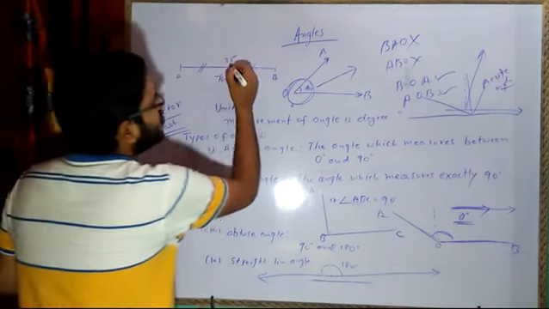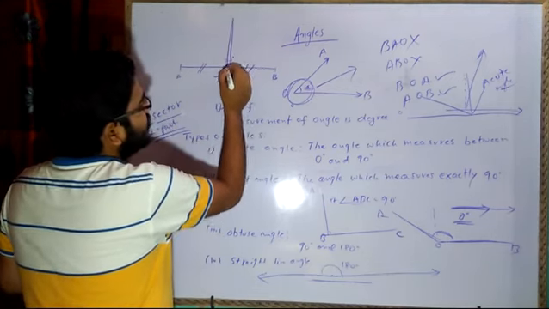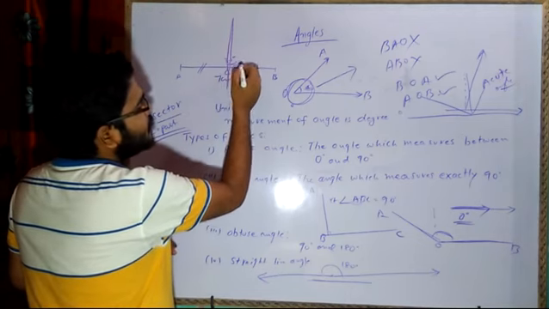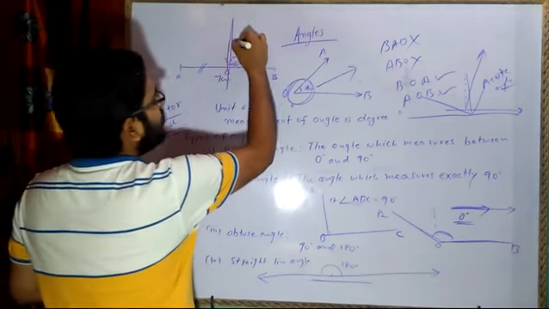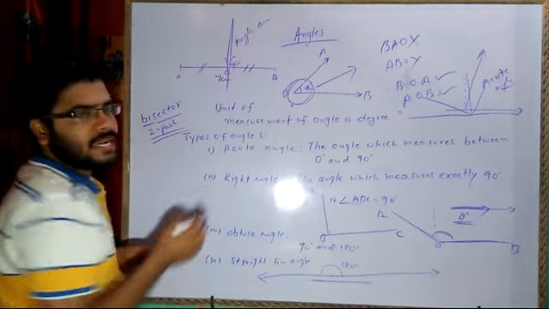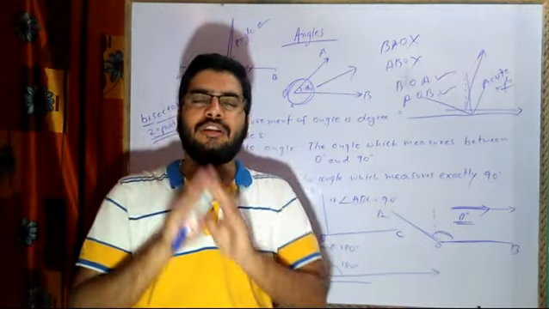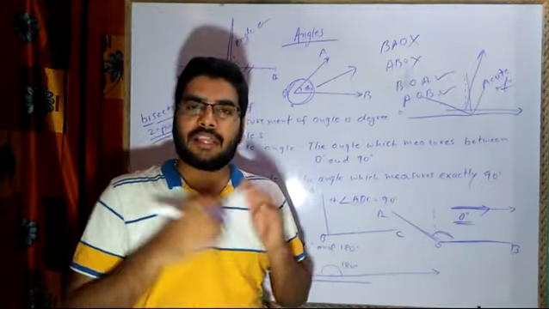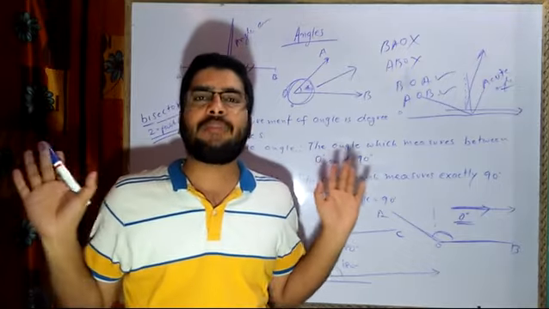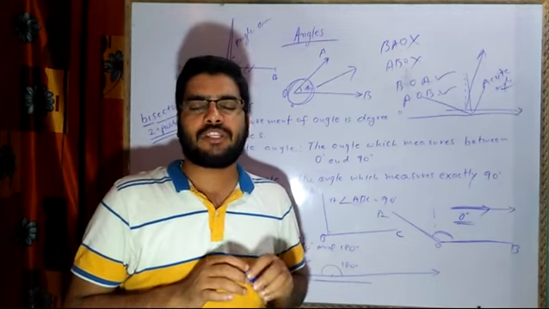Now, if I draw a line at 90 degree here, like this, then this will be called the angle bisector, because of this 90 degree formation. If I have a line and I mark it into equal halves, then the line has been bisected. That means both the parts have equal measurement.